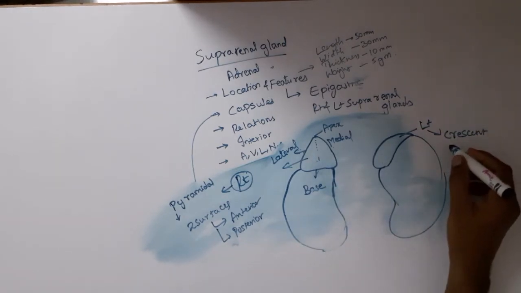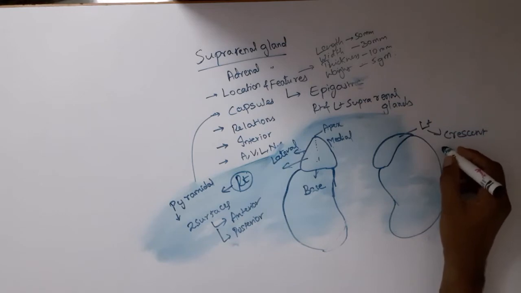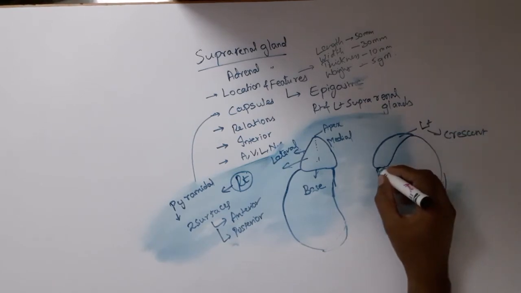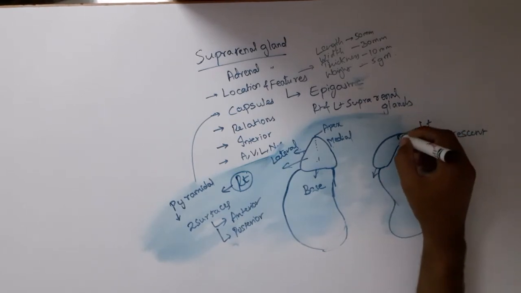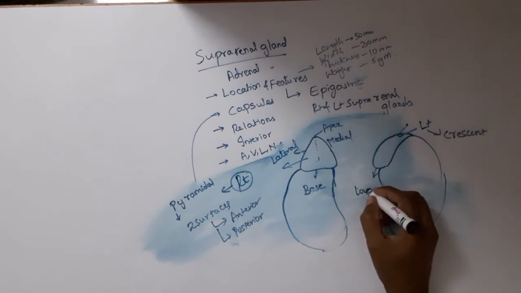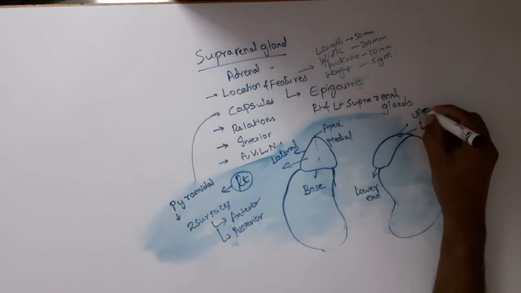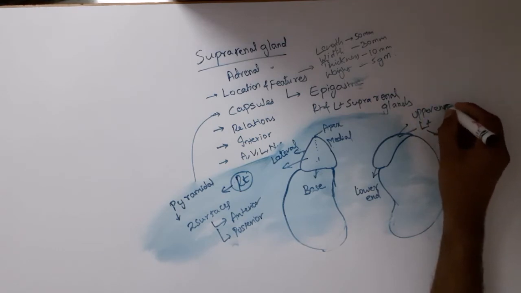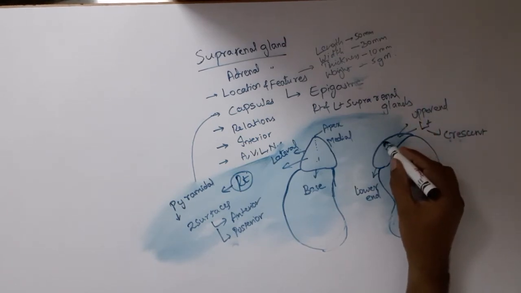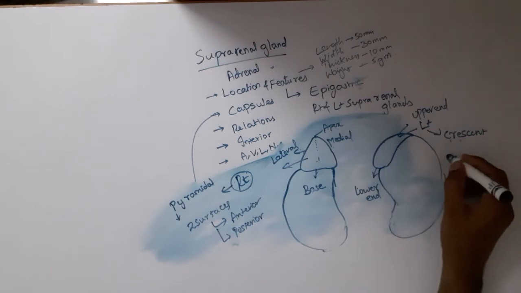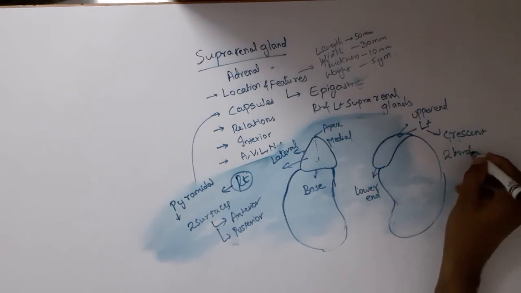Then coming to this left suprarenal gland, it is crescentic in shape, so it has two ends. This is the lower end and this will be the upper end, and it has two borders, medial border and lateral border. What are the two borders?